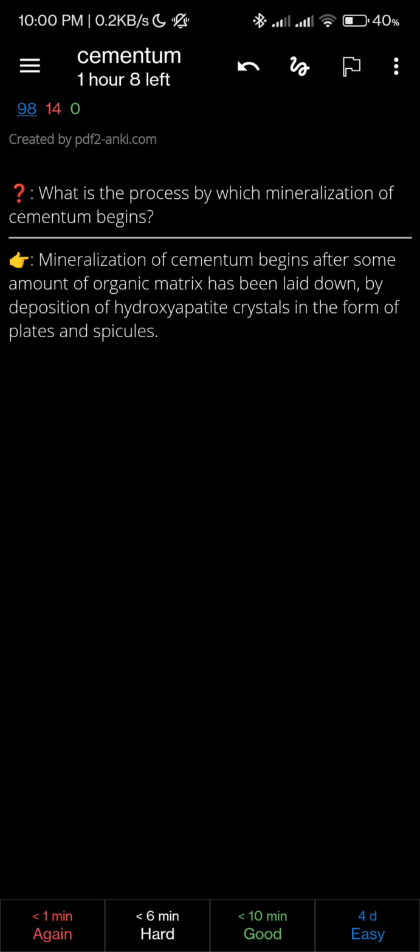So what is the process by which mineralization of cementum begins?